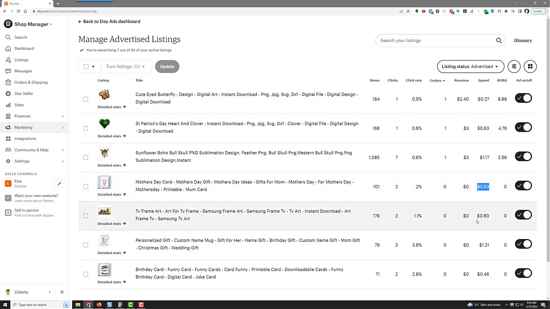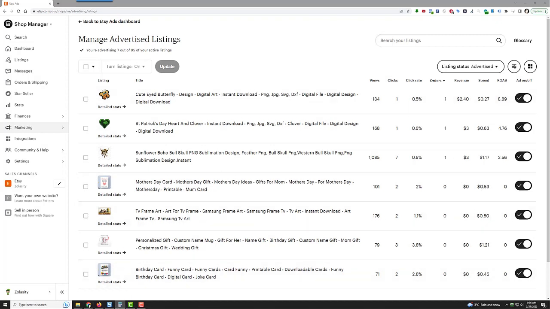For a TV frame art, it might be $2. For a personalized gift, this one, I know I'm making about $4, so I could spend $4 on that one. This one is like $2. So once these get to 2, 2, 4, 2, then I make a decision on whether to keep or turn these off. And then I'll also be testing a couple of other ones.